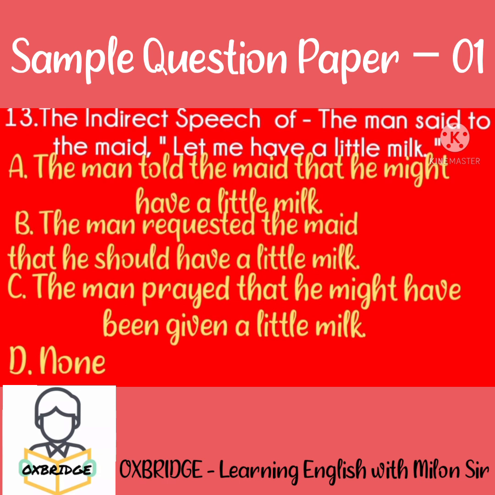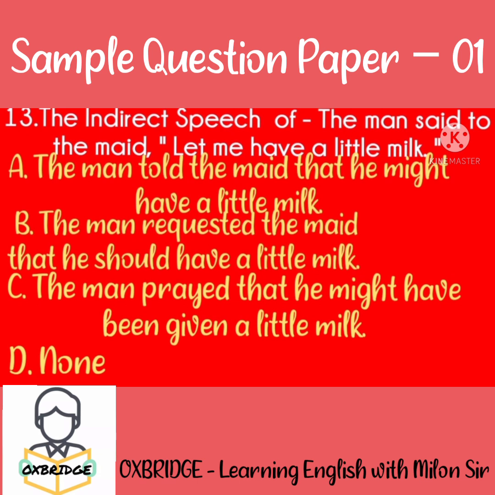Option A, the man told the maid that he might have a little milk. Option B, the man requested the maid that she should have a little milk. Option C, the man prayed that he might have been given a little milk. And option D is none.